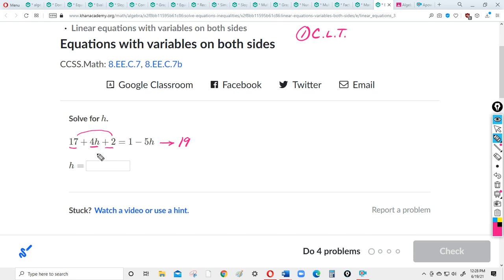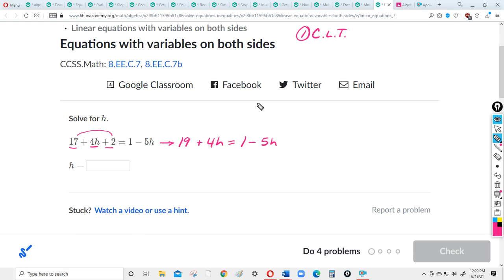And we still have the 4h. We don't have any other h's on this side, so we're just going to rewrite the 4h and write the equal sign. And on the right hand side, 1 minus 5h, there's nothing we can combine. So that's just going to be 1 minus 5h.